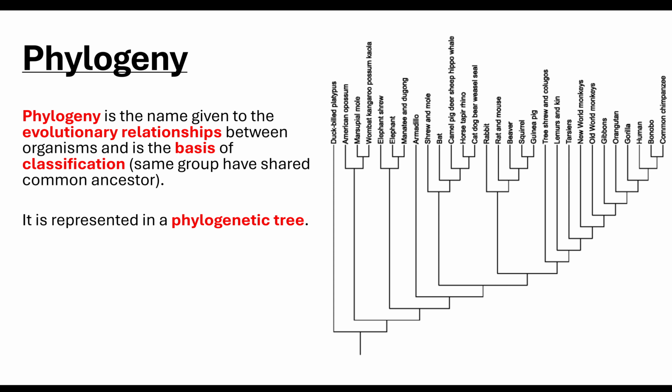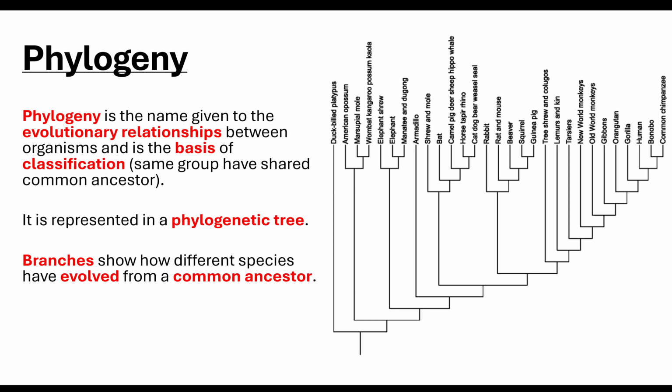This is my phylogenetic tree, where you can see a lot of different organisms which have been grouped together. That means they share common ancestors, and the branches show where different species have evolved from a common ancestor. At the bottom of the tree, just like the roots of a tree, is the common ancestor to all the organisms within this phylogenetic tree.